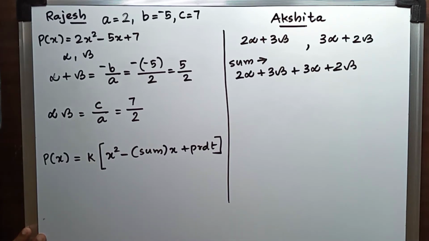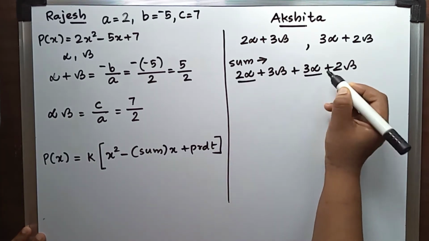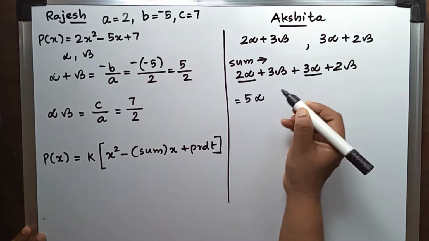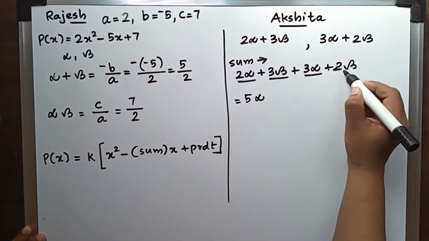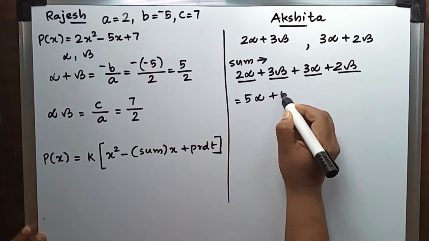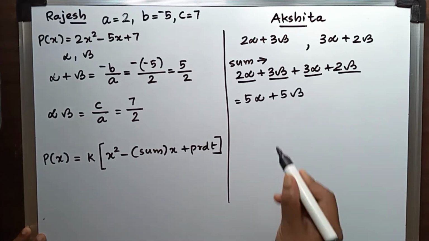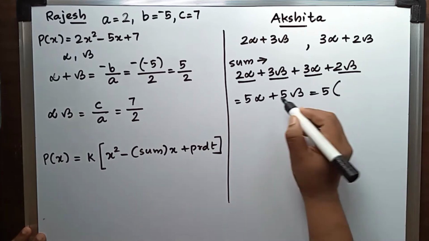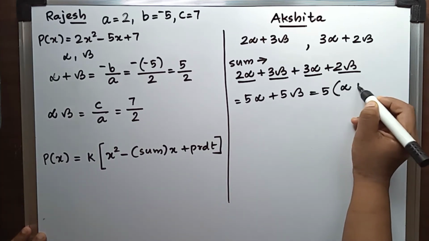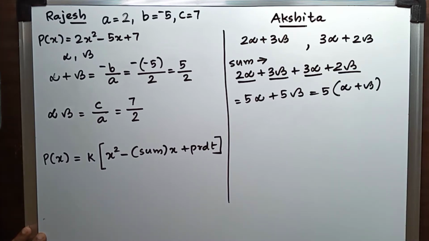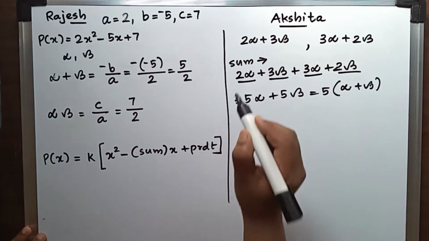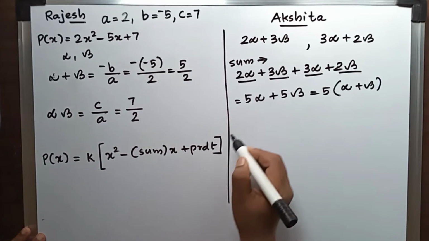Okay, how many alphas are there? 2 alpha plus 3 alpha means 5 alpha. Now beta, 3 beta plus 2 beta, that means 5 beta. Right? Here 5 is common, so I am going to take 5 outside. What is left? Alpha plus beta. Okay, 5 times alpha plus beta is sum of the zeros of the polynomial.